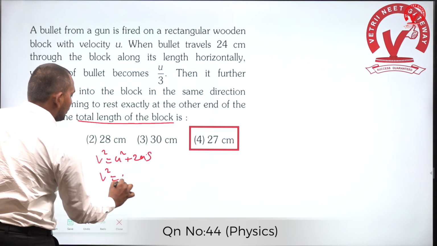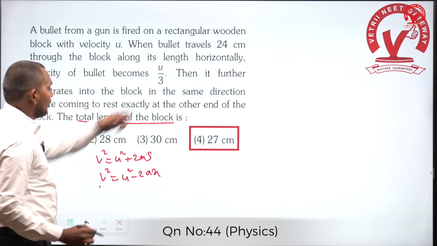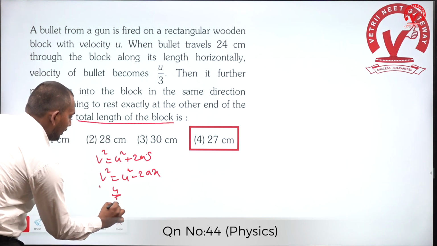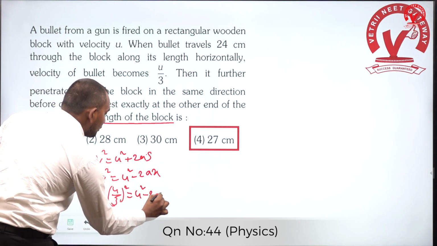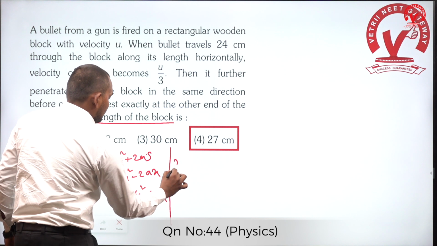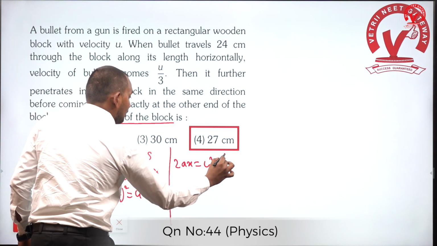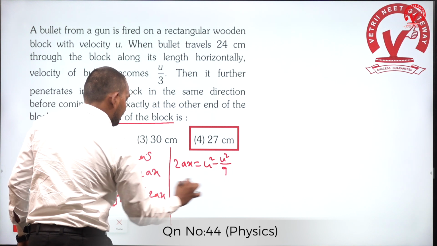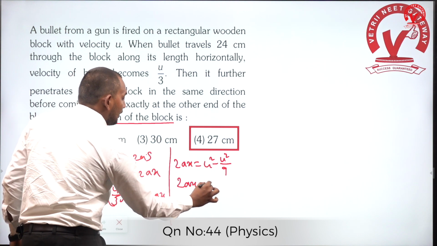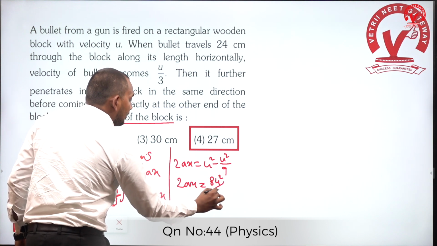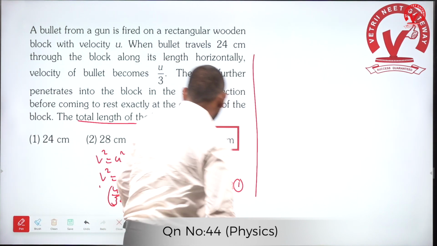V square is equal to u square minus 2ax. U by 3 whole square is equal to u square minus 2ax. So 2ax is equal to u square minus u square by 9. So 2ax is equal to 9u square minus u square, 8u square divided by 9. This is equation number 1.